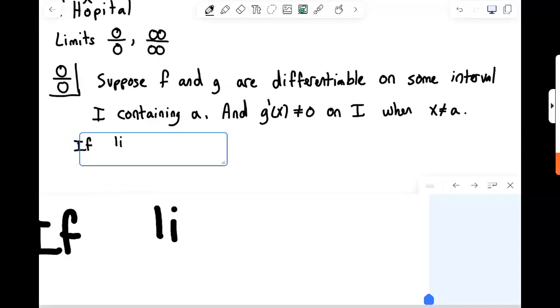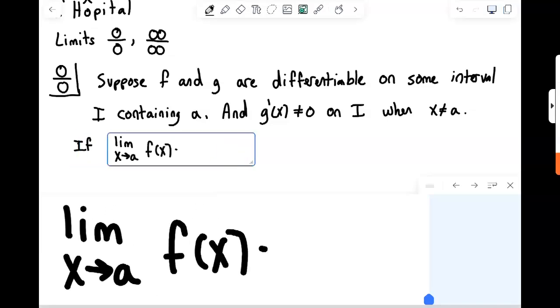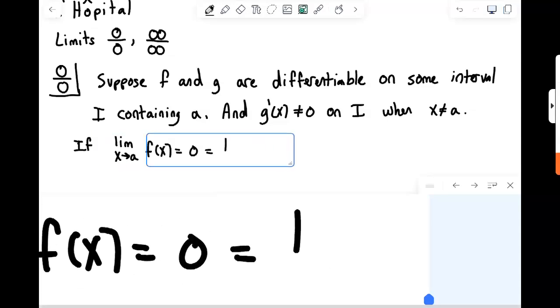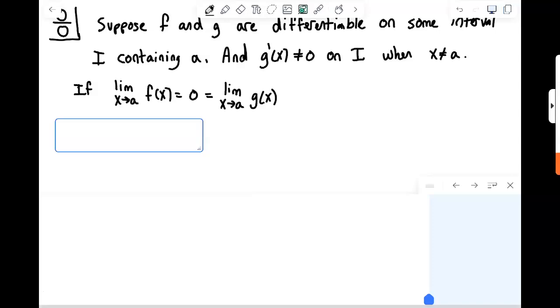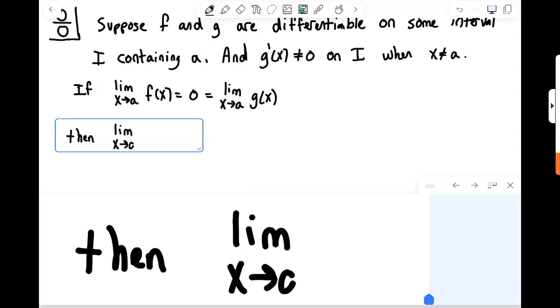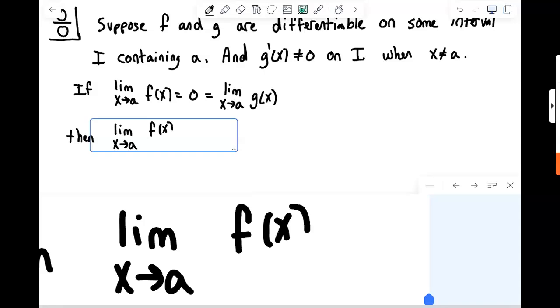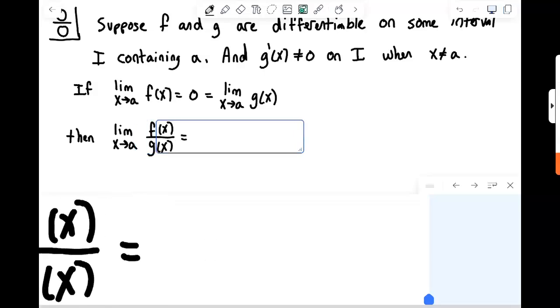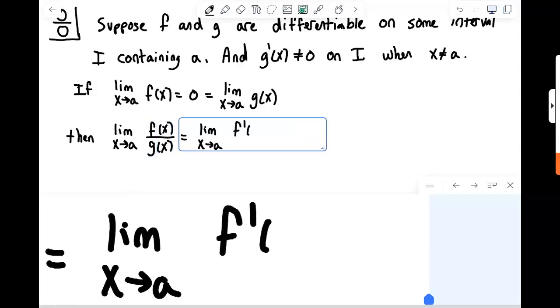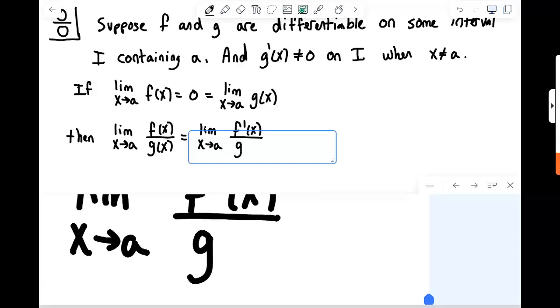If the limit as x approaches a of f of x is equal to 0, which is equal to the limit as x approaches a of g of x, and those two things are true, then the limit as x approaches a of f of x over g of x turns out to be equal to the limit as x approaches a of f prime of x over g prime of x.